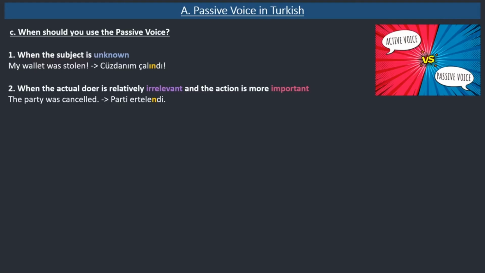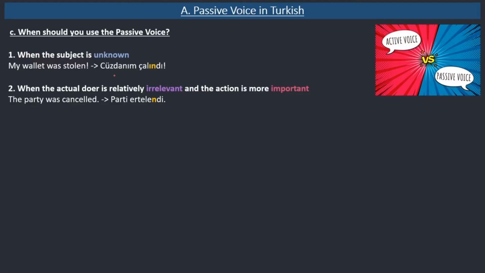Sometimes there's a way to know, but it's irrelevant who did it, the actual doer. You just want to pay more attention to the action itself. Like, party was cancelled. Now I know who cancelled it. The party or the house owner cancelled it. Or whoever is the host, they cancelled the party. Now it's known. There's information, but I don't care, or that is not important here.